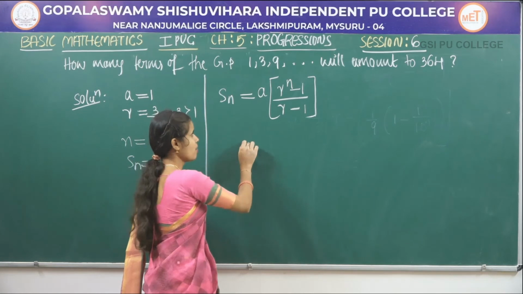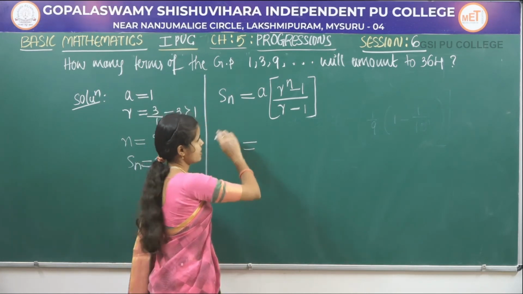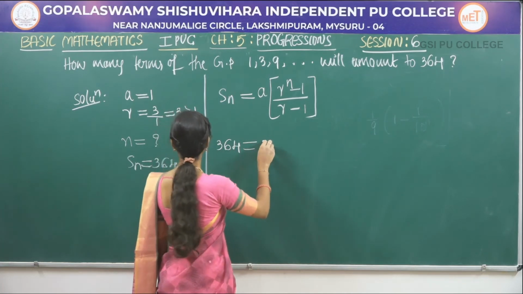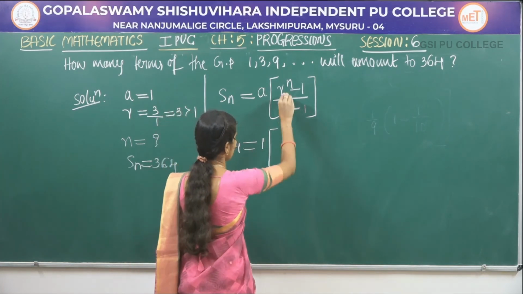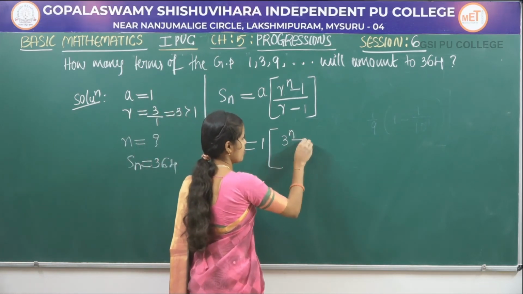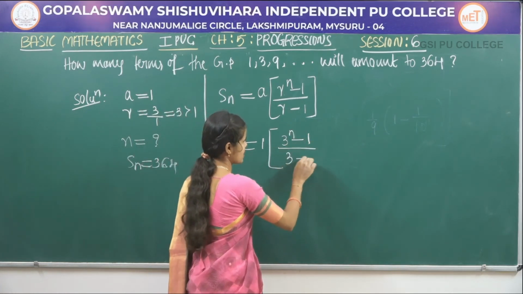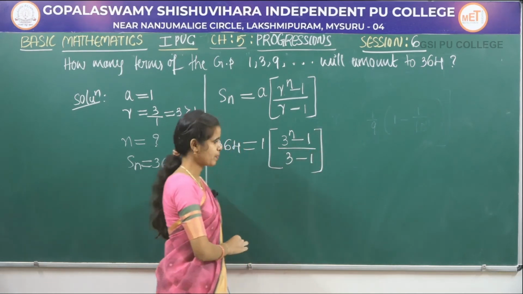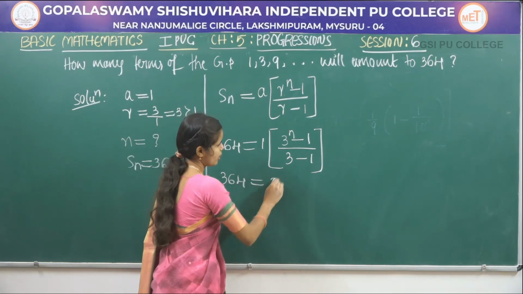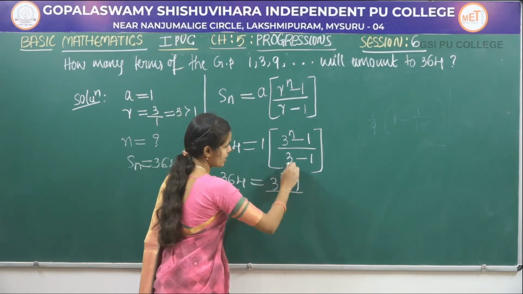Now substitute the values of a and r. Sn is 364, a is 1, r is 3. So 364 is equal to 3 to the power of n minus 1 divided by 3 minus 1.